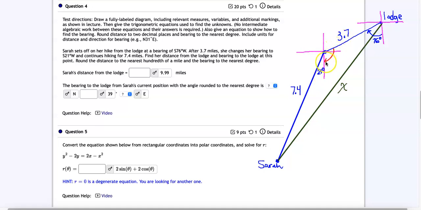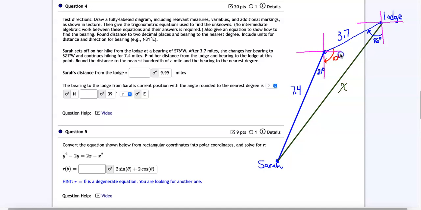And then next we're going to add the angle that goes from this blue 3.7 line down to this south line. And this angle right here is going to be supplementary to this angle right here, because this north-south line that's going through the lodge is parallel to this other north-south line. And so that makes this angle 104 degrees.